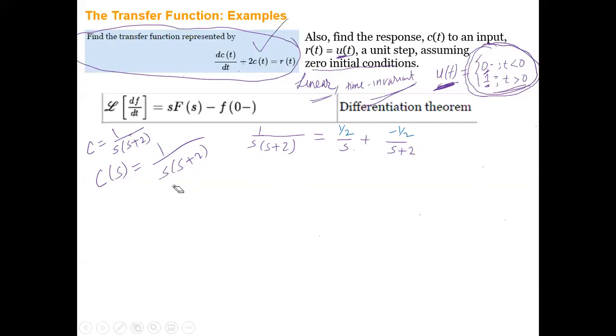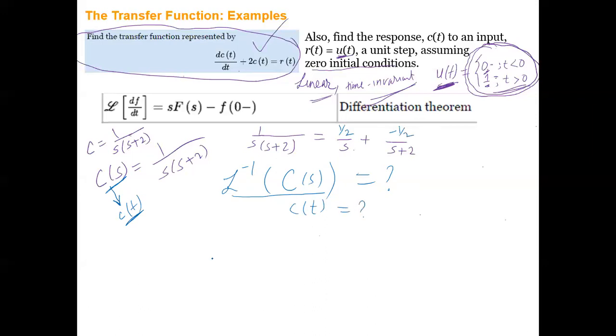Now what you need to do is find the inverse. Your goal is to figure out little c(t). How do you find c(t) from C(s)? That's your goal. Meaning, do the inverse Laplace transform of C, trying to find little c(t).